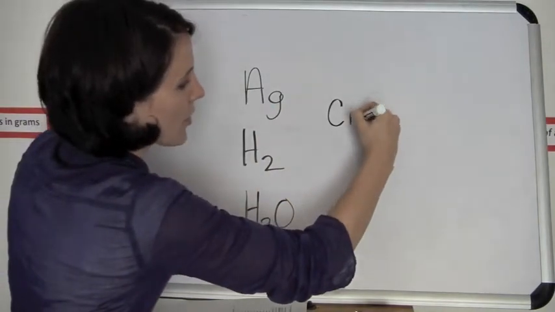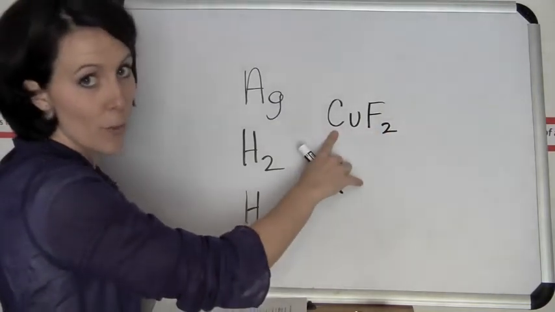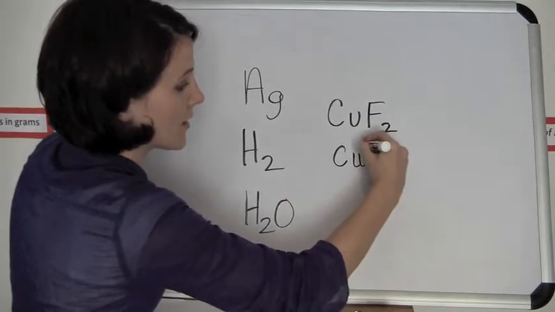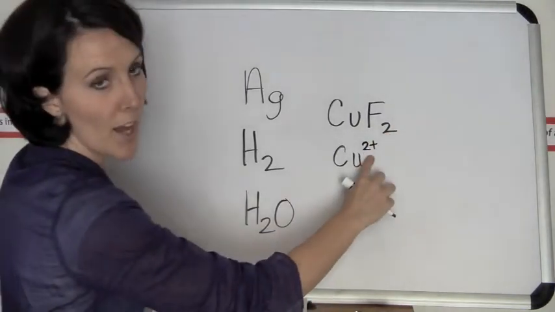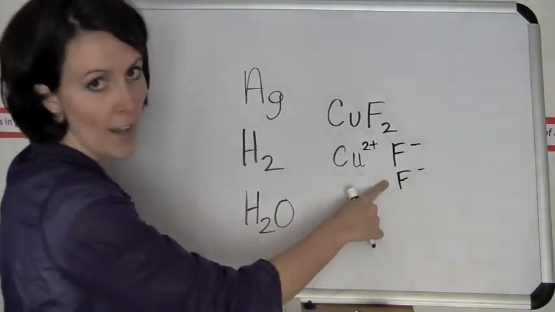What about copper-2 fluoride? The formula unit for this would consist of 1 copper ion and 2 fluoride ions.